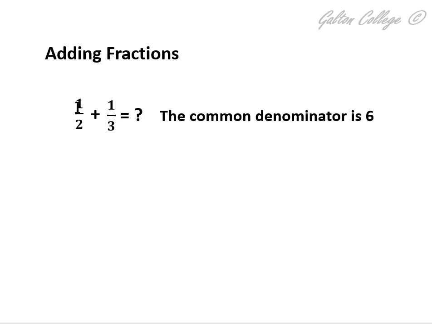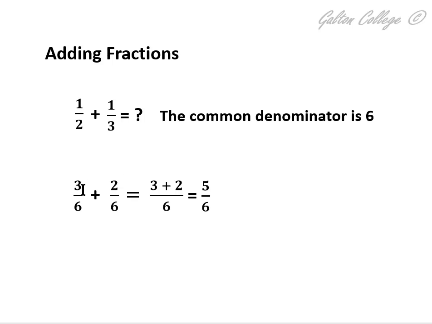We can't just simply say a half plus 1/3 is 1 plus 1 is 2, 2 plus 3 is 5, so it's 2 over 5. That's wrong. We need a common denominator. So, taking 6, we have 2 into 6 goes 3 times. 3 times 1 is 3. 3 into 6 is twice. 2 times 1, twice 1, is 2.